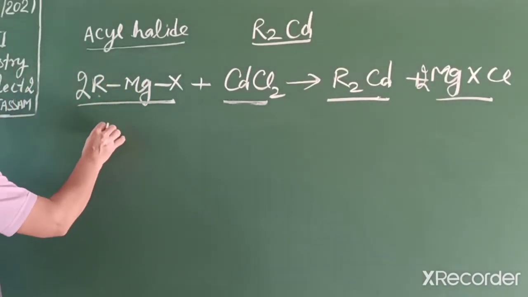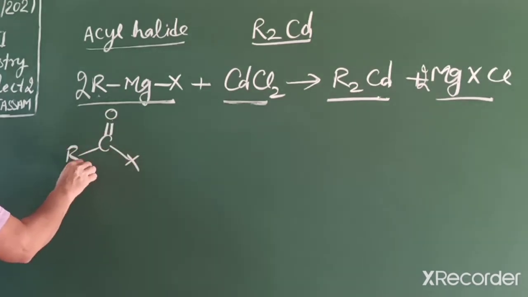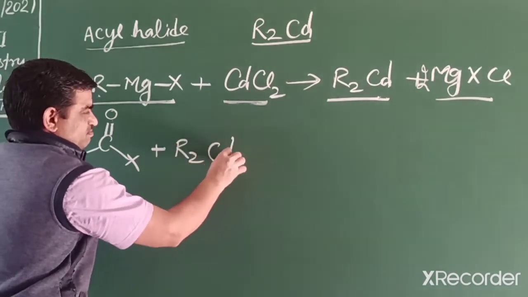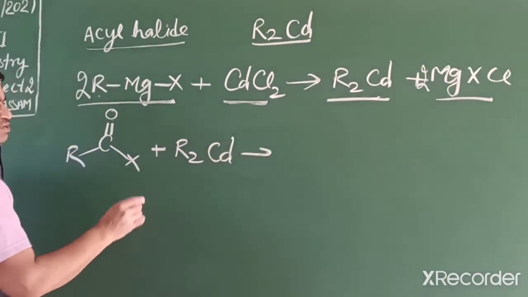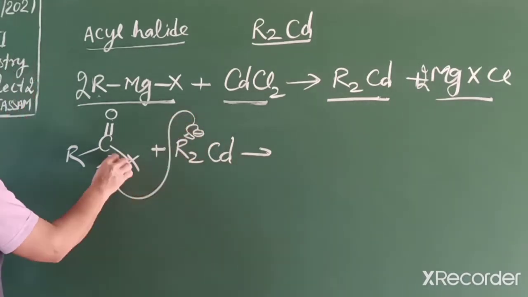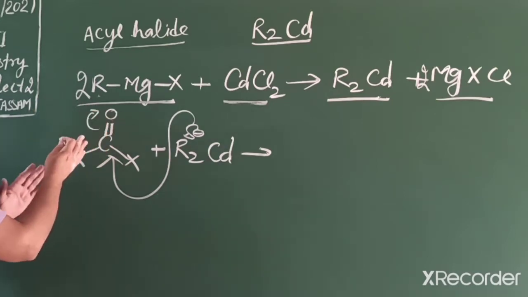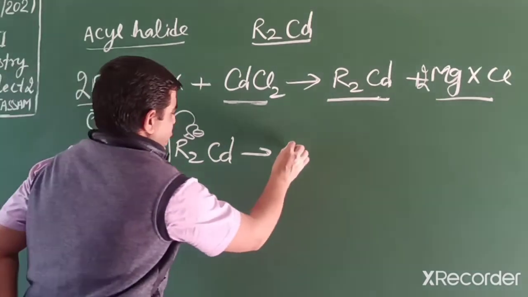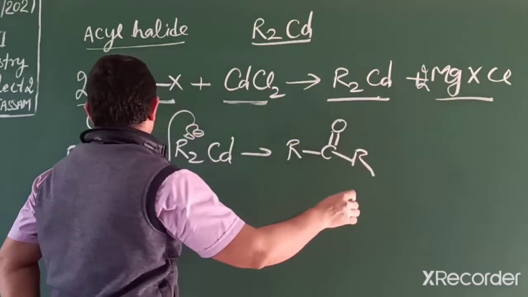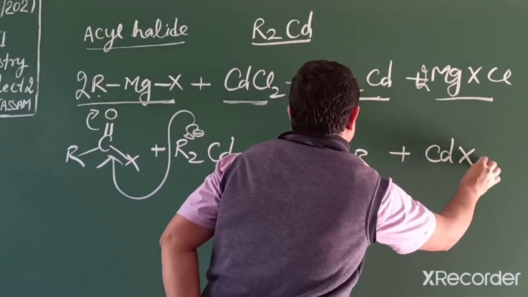Further, when acyl halide reacts with dialkyl cadmium, the negatively charged carbon attacks the acyl halide carbon, the pi bond is removed and X is released. So the product is ketone and cadmium halide is removed.